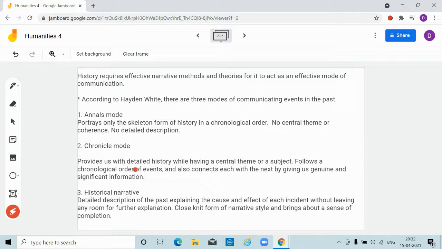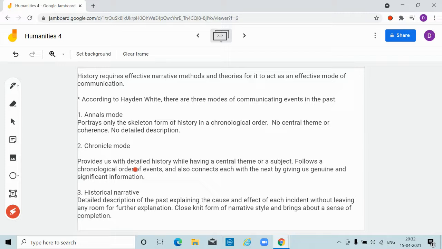And unlike the previous mode, there is a central theme or a subject. And each event follows chronology, but the first event is connected to the second event, the second event is connected to the third event, and so on and so forth. And it gives us genuine and significant information.